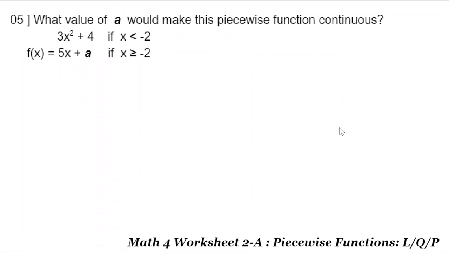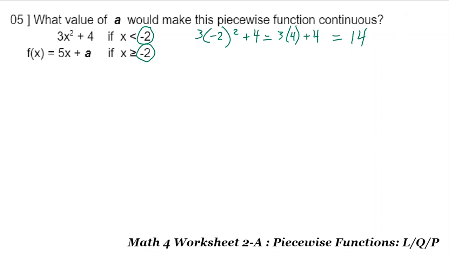Okay? Now, what value of a would make this a continuous function? Well, remember the question becomes right here where the baton is handed off, -2. If I plug in the -2 in the first guy, that's 3 times 4 plus 2, which is 14.